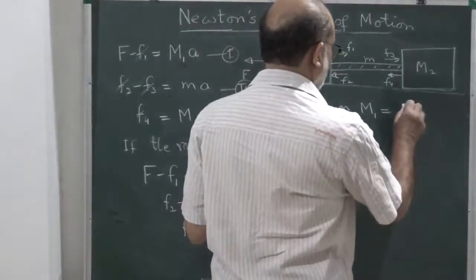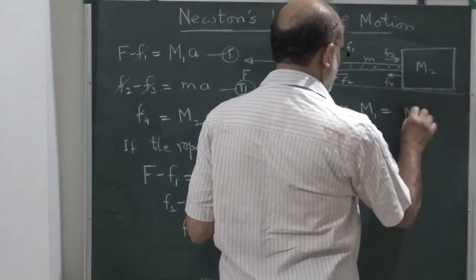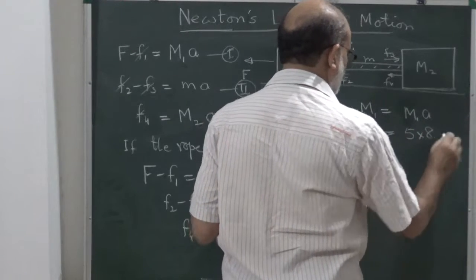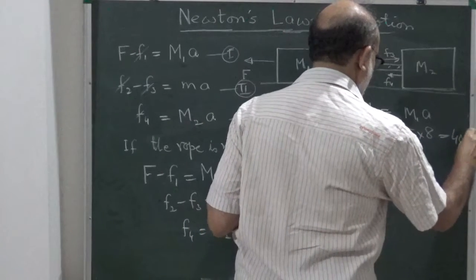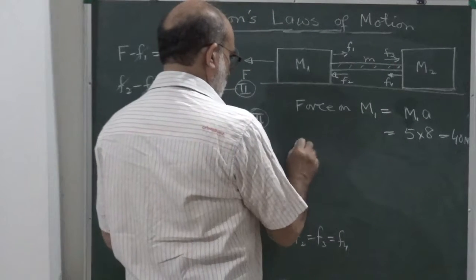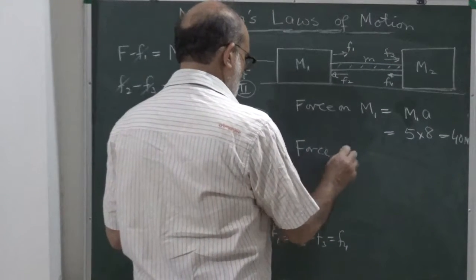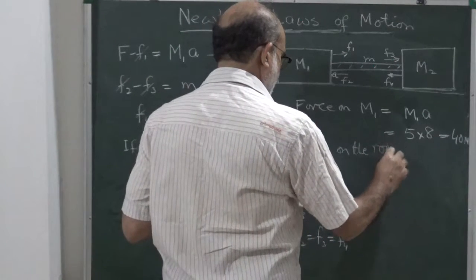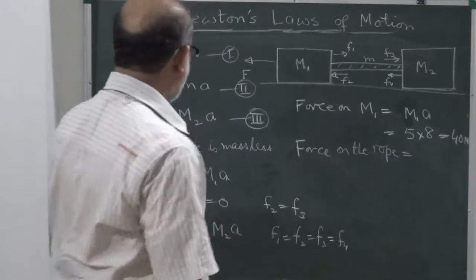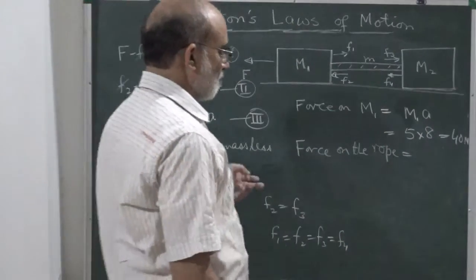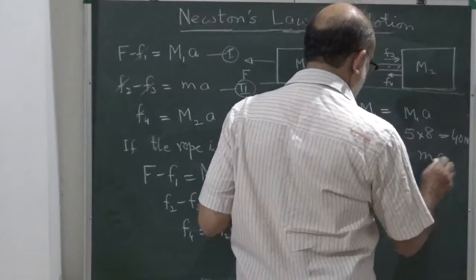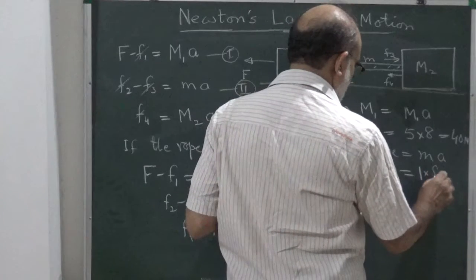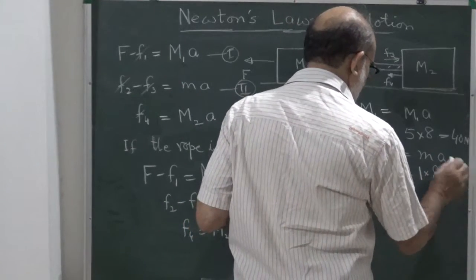So it is 5 times 8, which is 40 Newton. And the resultant force on the rope is small m into a. Small m is the mass of the rope which we have taken as 1, and acceleration as 8. So it is 8 Newton.